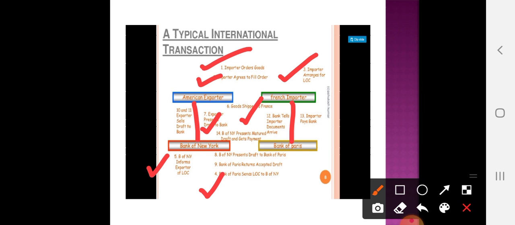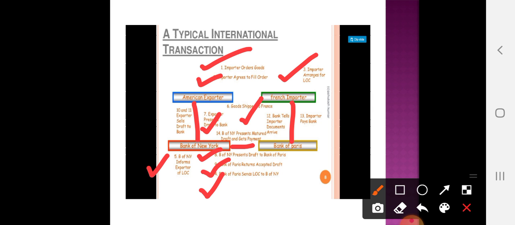The eighth step is that Bank of New York presents the draft to Bank of Paris. This draft is prepared by America, who give it first to Bank of New York, and Bank of New York gives that draft to Bank of Paris. Next, Bank of Paris returns the accepted draft to New York.